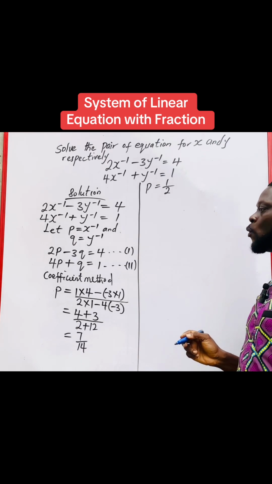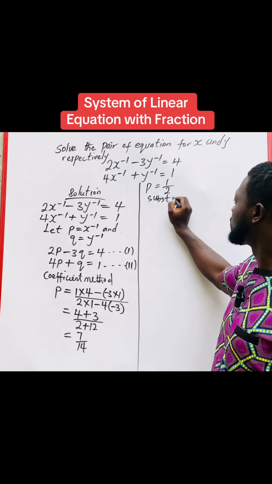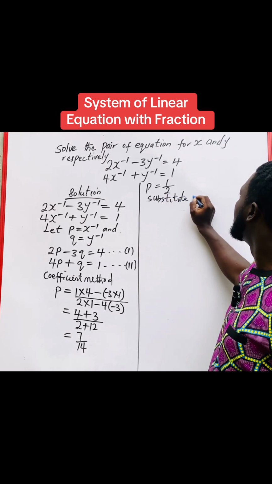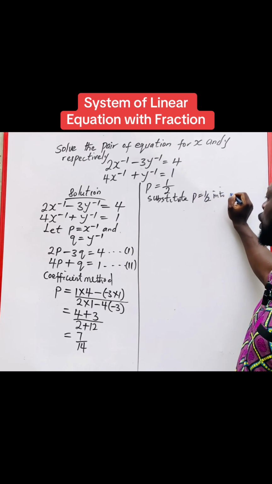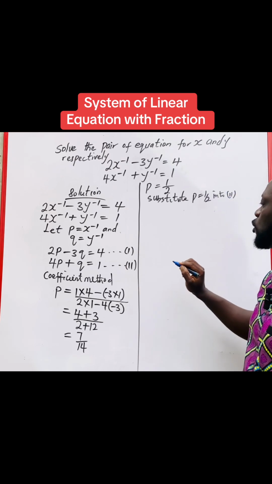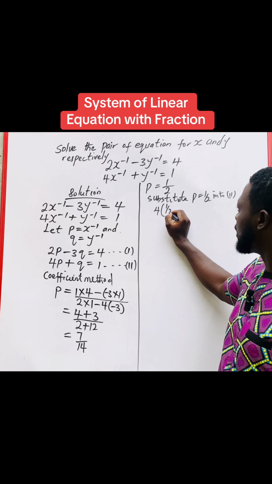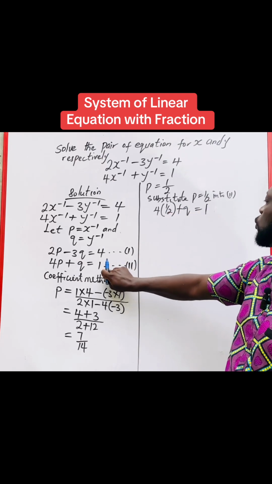So we can easily get the value of q. So you say substitute p equals 1 over 2 into equation 2. So where you see p, you put 1 over 2. So you have 4 into 1 over 2 plus q equal to 1 from equation 2.